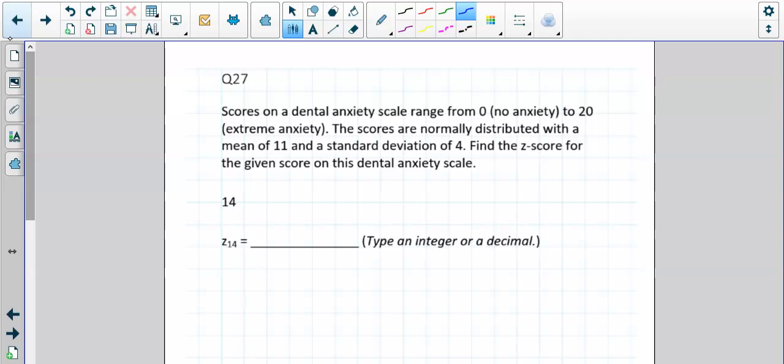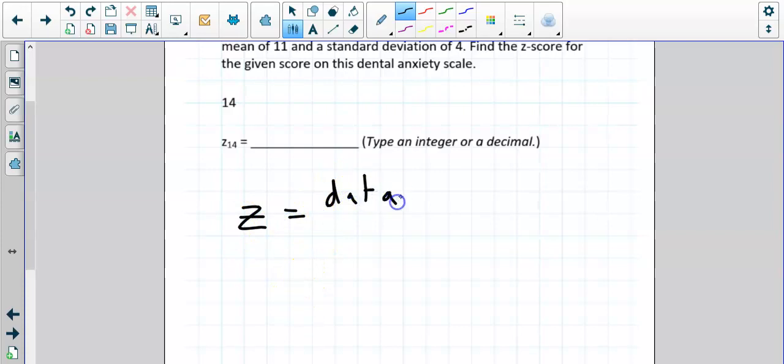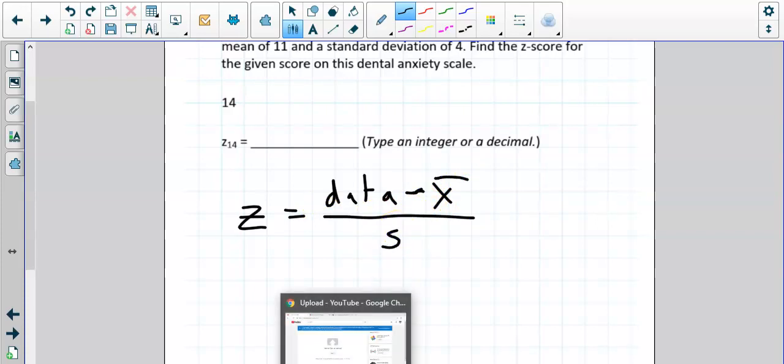Find the Z-score for the given score on the dental anxiety scale. So the Z-score is just telling you how many standard deviations your score is away from the mean. So if you want to find a Z-score, this is what you have to do. You're going to take your data minus the mean, all of that divided by the standard deviation. And they provide all that work for you.